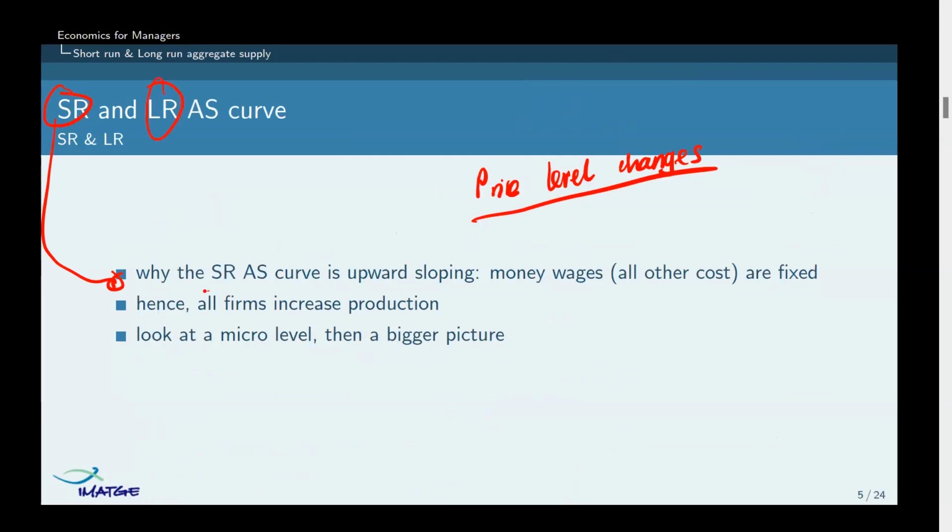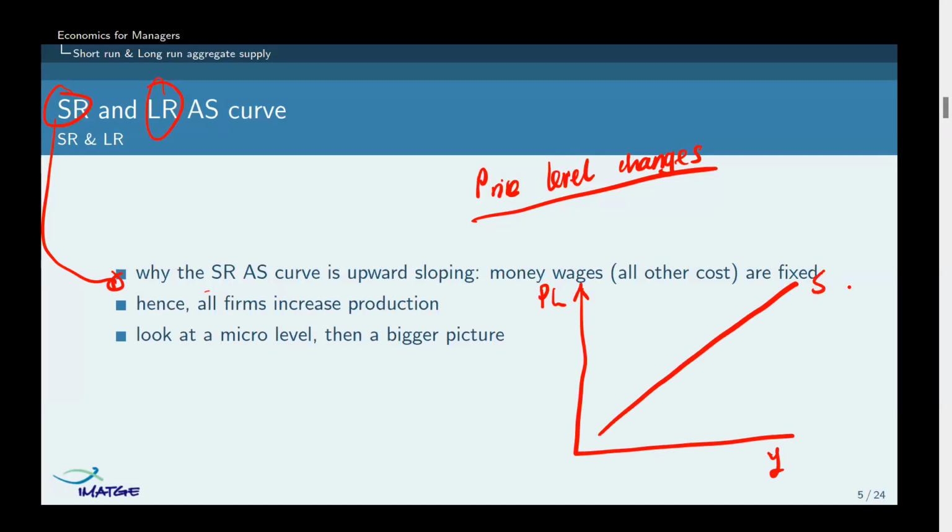So why is it that the short run aggregate supply curve is upward sloping? By upward sloping, what we mean is that if you draw your curve like this, whereby here you have your price level and here you have your real GDP, which is what we call Y, you have a curve like this, which is the short run aggregate supply curve. Why is it upward sloping like this?